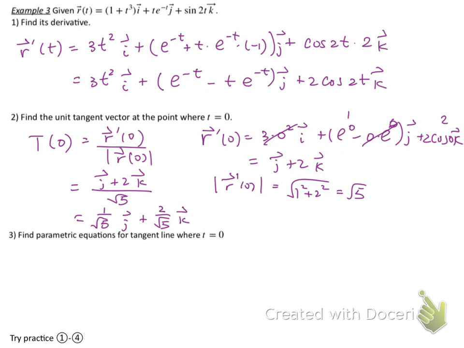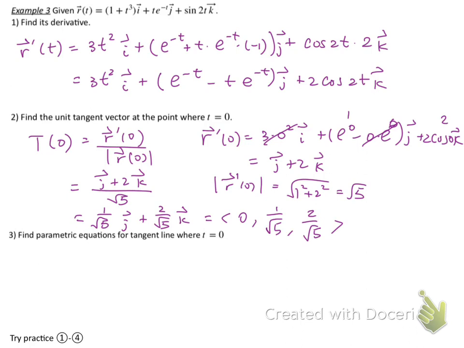By the way, you also have the 0i before it, but since it's a 0 coefficient, we don't write it. In vector form, it's 0, 1 over radical 5, and 2 over radical 5.